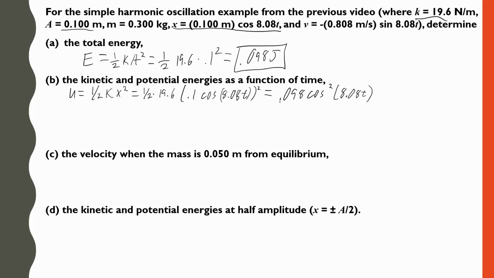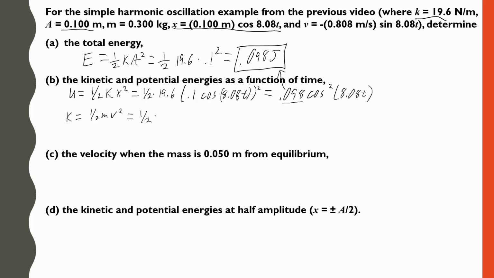And we would expect this to be the coefficient out in front, because at certain points when cosine squared is equal to 1, then all of the energy is potential energy, and so it needs to equal our total energy that we already calculated, right? Now, if we want the kinetic energy as a function of time, we could already guess that coefficient out in front, but we'll go ahead and calculate it anyway. 1/2 mv squared.